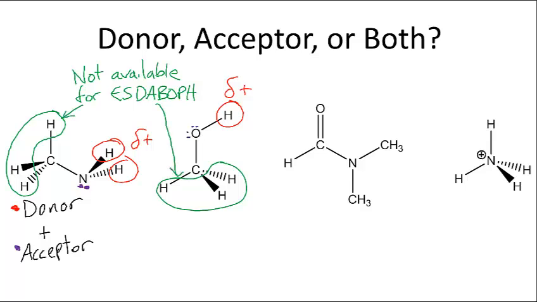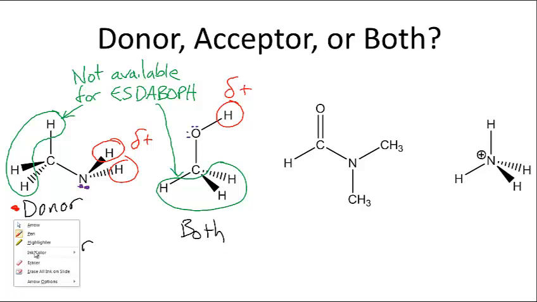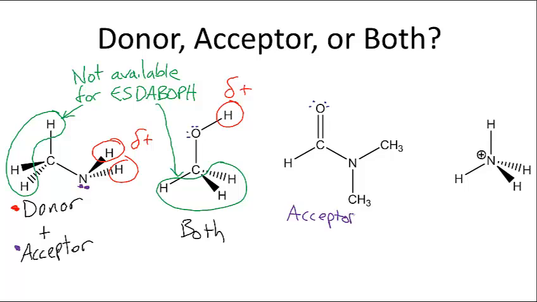Okay. Well, those first 2 molecules can be a donor and an acceptor. This third molecule, Daniel, you said acceptor. It's got lone pairs up on the oxygen where it can act as an acceptor.